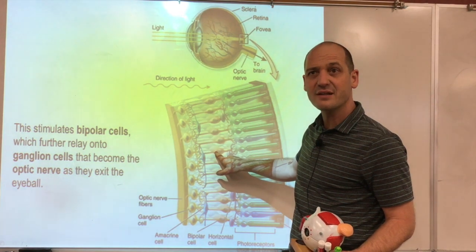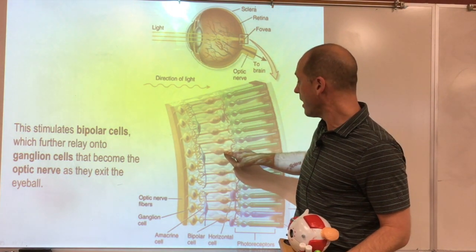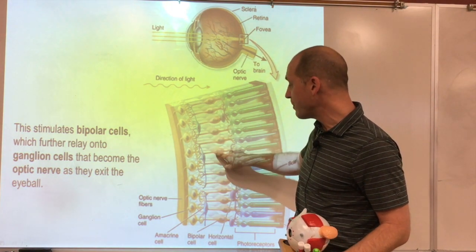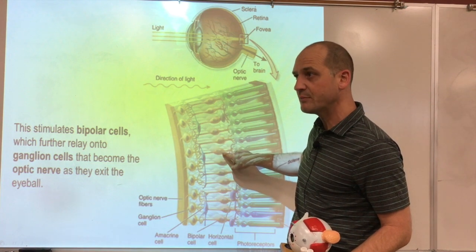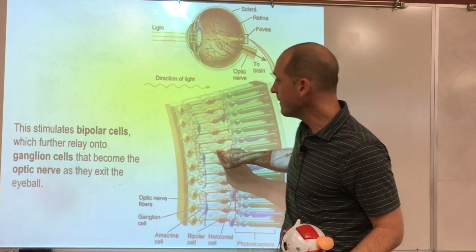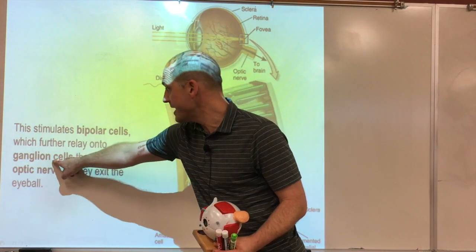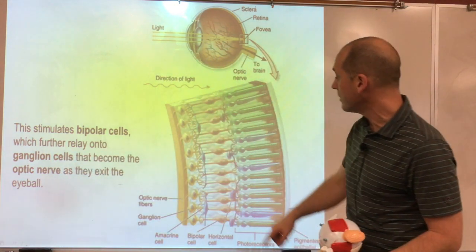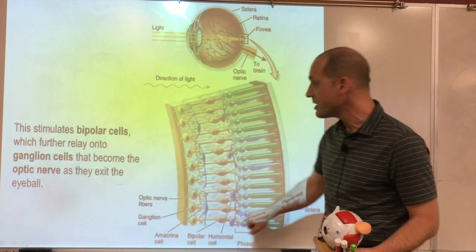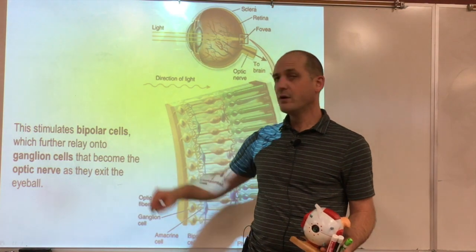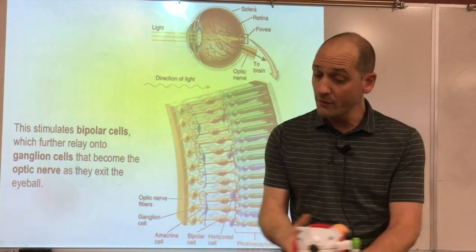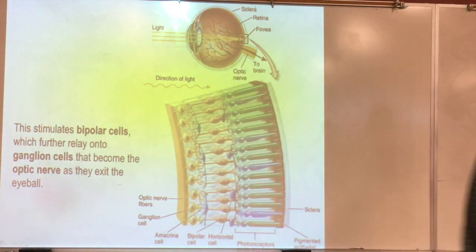That's that type of cell that has an axon and a dendrite coming out of its body, one on each side. That's one of those types of cells that we studied under the nerves. And from there, they relay to the ganglion cells, and then they exit the optic nerve, and that goes then to the brain. And on the brain, where is my brain?